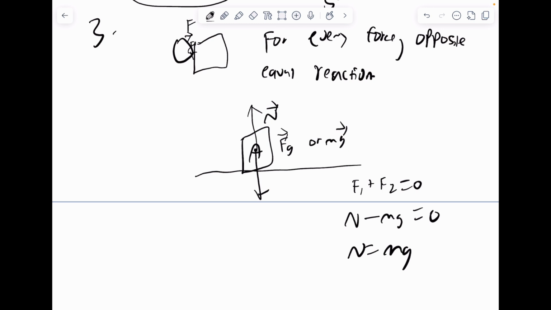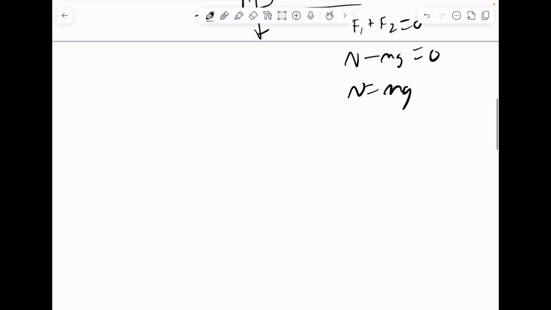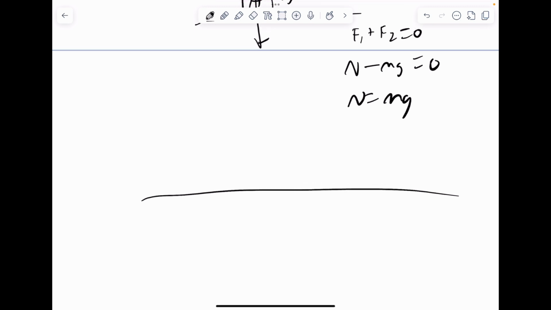Remember that for a free body diagram, the only forces you would draw are the forces acting on the object. So for example, instead of one block, I have two blocks here, and we'll say that these two blocks are colliding at this point. This is block A, and this is block B. I know my handwriting isn't the best, but I am speaking through it, so I hope you can understand it.